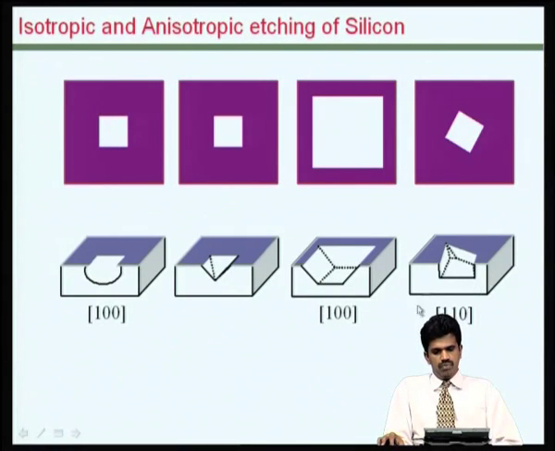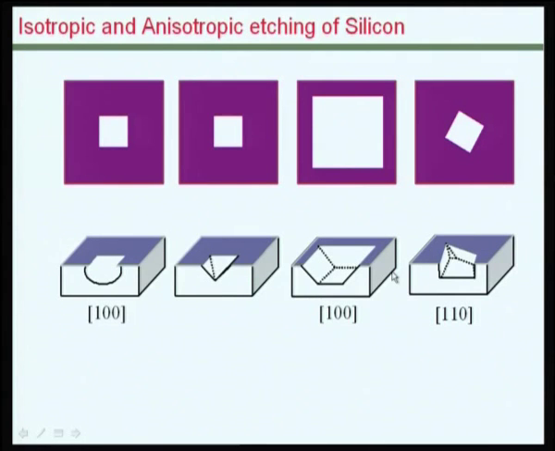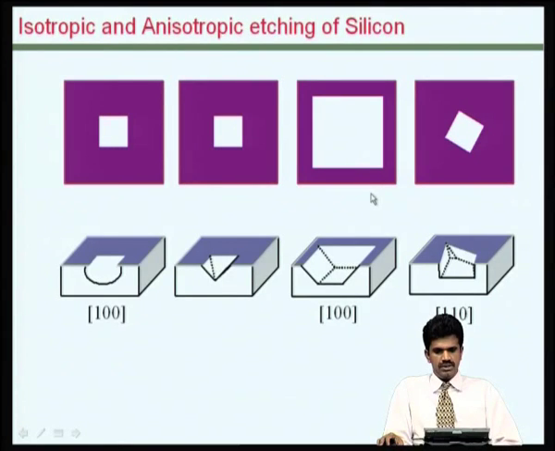Whereas, in a 110 wafer, it is possible to have a vertical side wall and these side walls are also at the 111 plane. So, all these will depend on the relative alignment of various directions, and hence we need to choose the window aligned with respect to the crystal orientation.